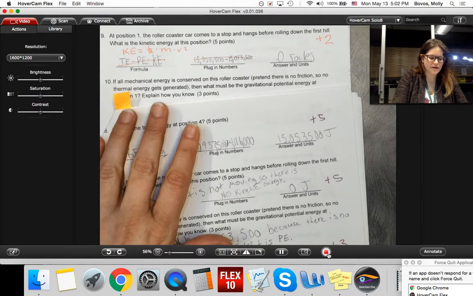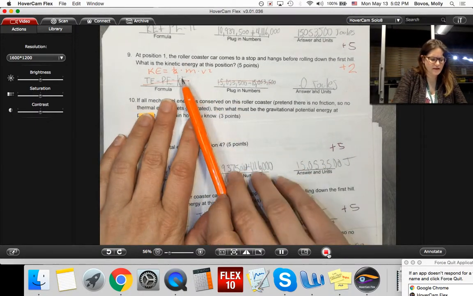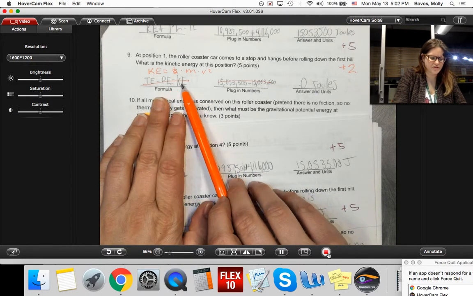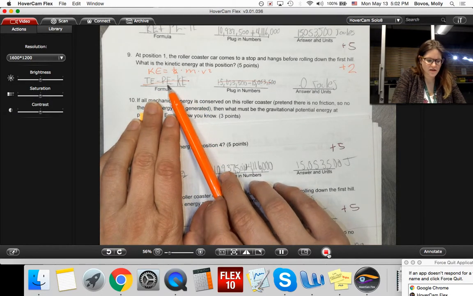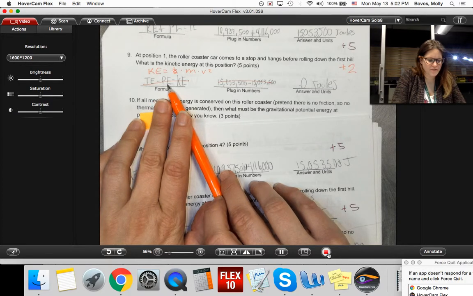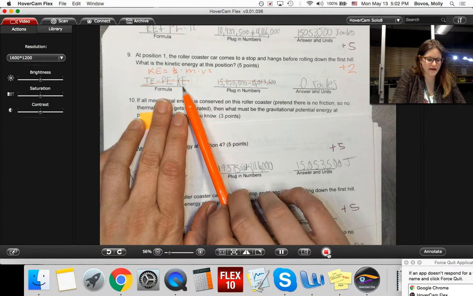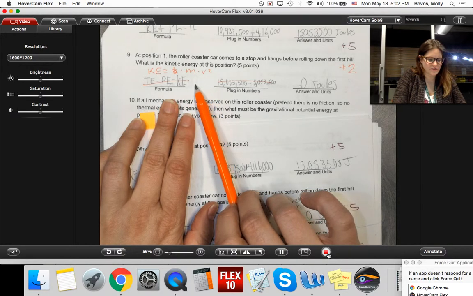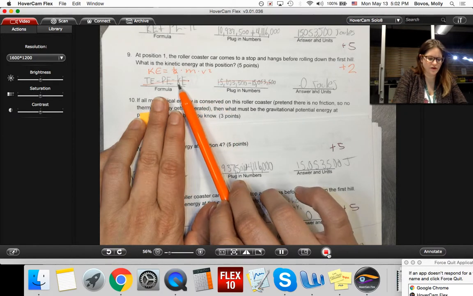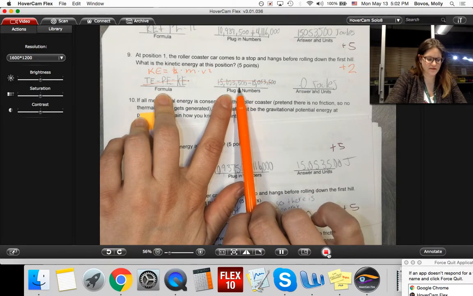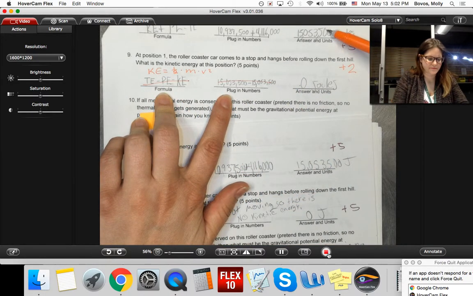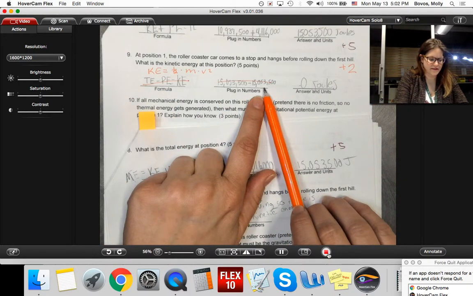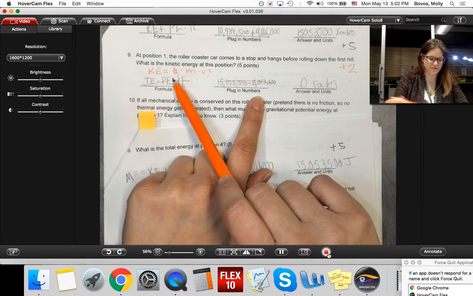Now this student did a kinetic energy minus potential energy, which I guess I can see that, our total energy should be the same as it was here, and then we're subtracting all of the potential energy, which would be the same there.